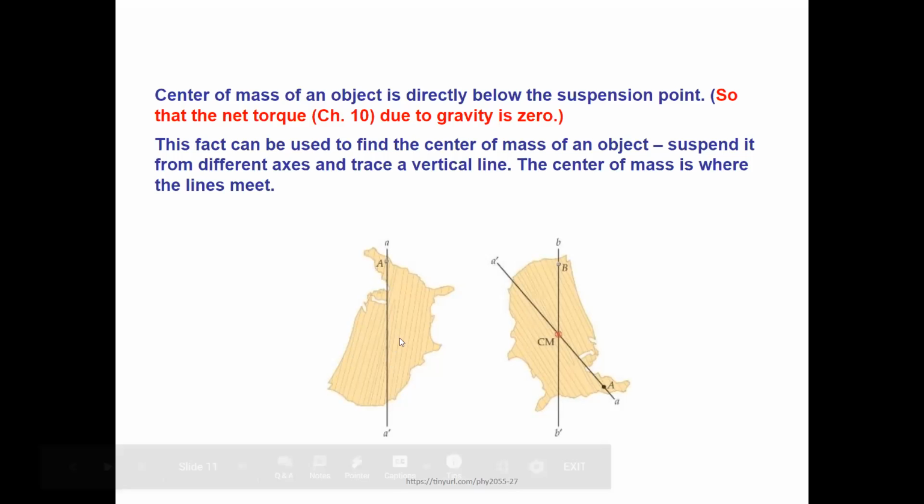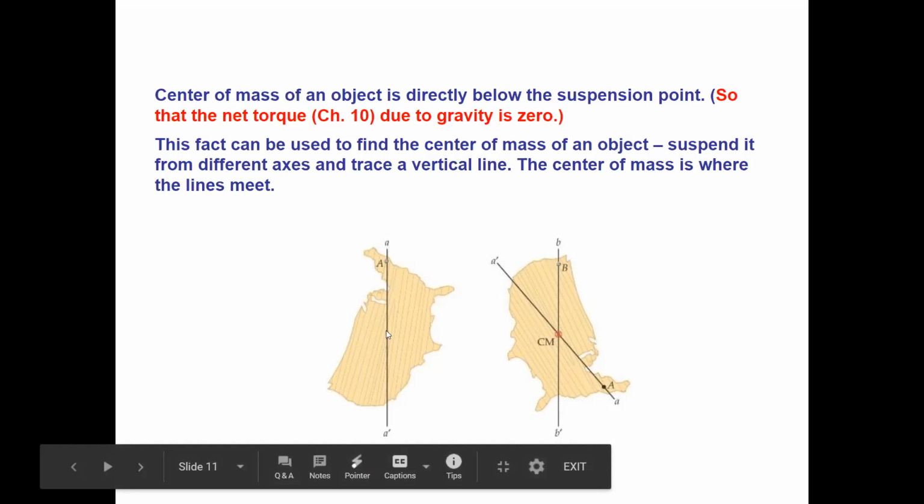If not, say the center of mass is over here, then gravity is acting on this point, so it will pull the whole object towards this center line, the line going through the center of mass. So it has to be in equilibrium through this line where it goes through the center of mass of the object.